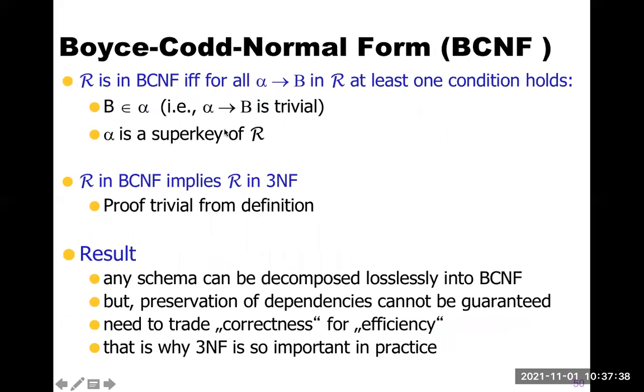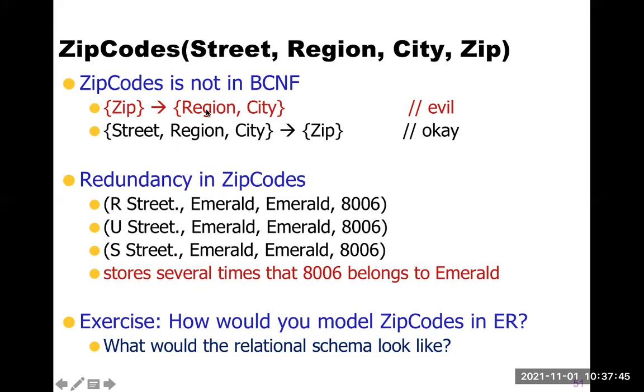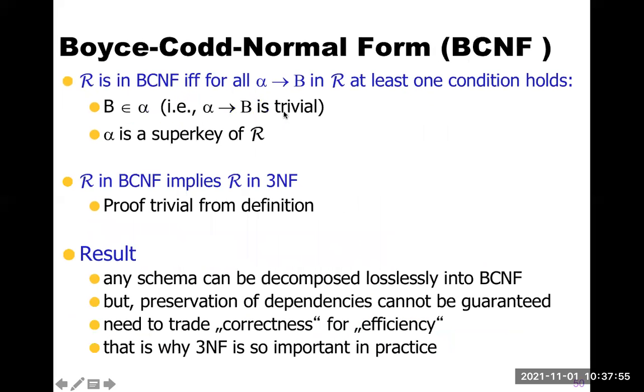And the right part, region, beta belongs to alpha. Region belongs to zip? No, it doesn't belong to zip. So the left part doesn't contain it, so that's not a trivial dependency. And we have only two conditions. One condition is a trivial dependency, the right part belongs to the left part, or the left part is a super key.